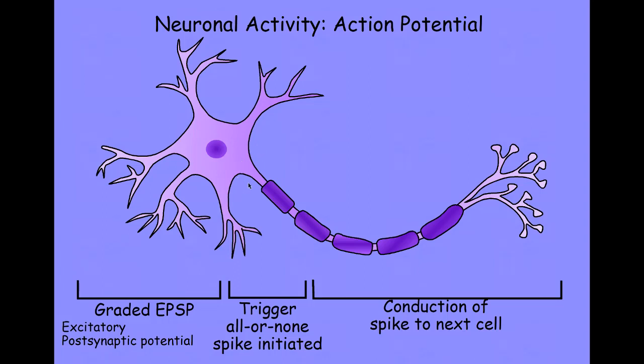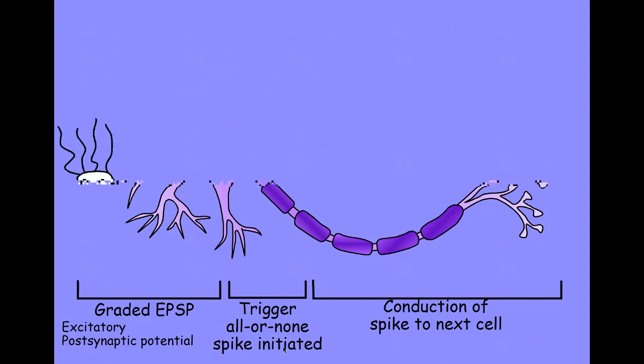And if that activation causes a net depolarization that goes to the threshold, triggering that all or nothing spike, then it will fire. So it is taking input, it's summing it. If it reaches threshold, it then passes on information to the next neuron. And this, as we'll see, will turn out to be very important when we look at neural networks.